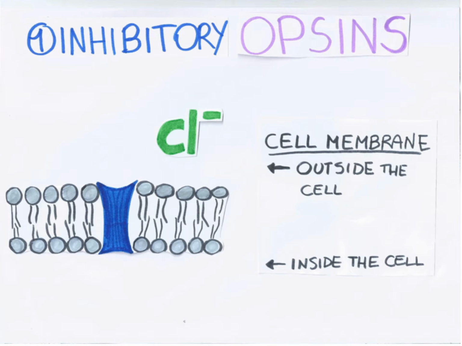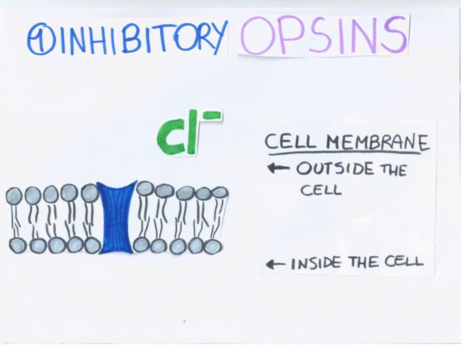There you can see a membrane made of two layers of phospholipids, and inside and in the middle there is the opsin. To have a connection between two neurons, you need to have an action potential. In order to create an action potential, you need depolarization. Depolarization happens when the inside of the membrane is positive.